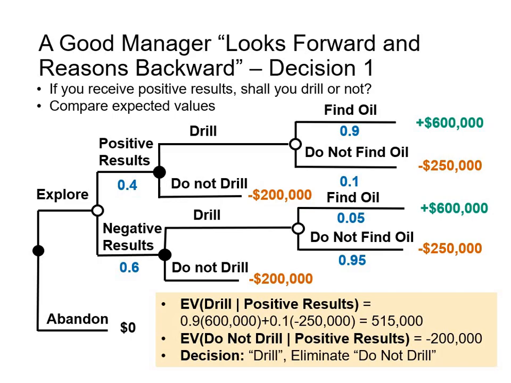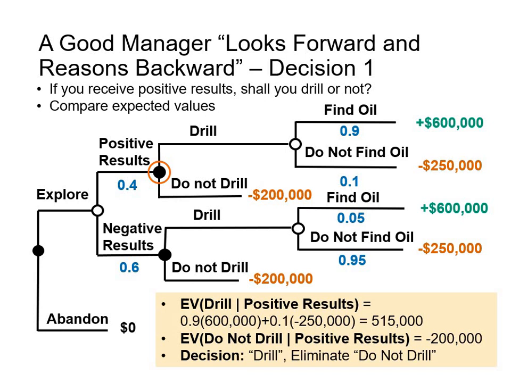So that means that in our decision tree, we need to now take into account what happens at this decision node. So I'll just circle that again. So this is the decision node. So shall we drill or not drill after we receive a positive result?